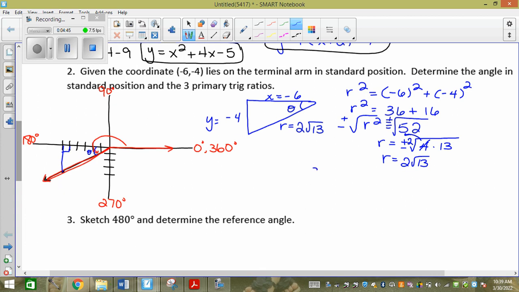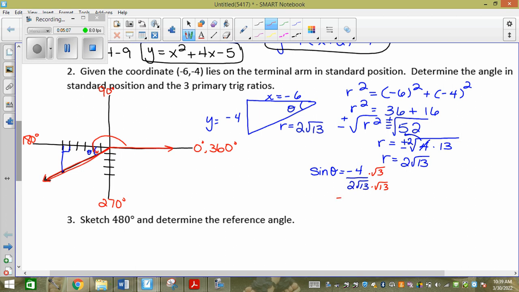So sine theta, sine your resume. So I'm going to get -4 over 2 root 13. Now I need to rationalize my denominator, so what am I going to have to do? Multiply by root 13.